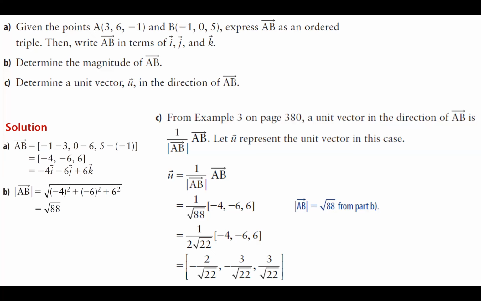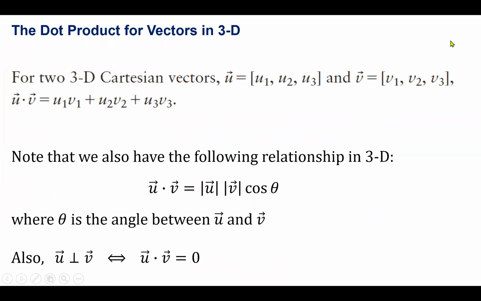Okay, no questions. Let's have a look at another concept, which is the dot product for vectors in 3D. For two 3D Cartesian vectors, U, which is (U1, U2, U3), and V, which is (V1, V2, V3), the dot product between these two vectors is U1V1 plus U2V2 plus U3V3.